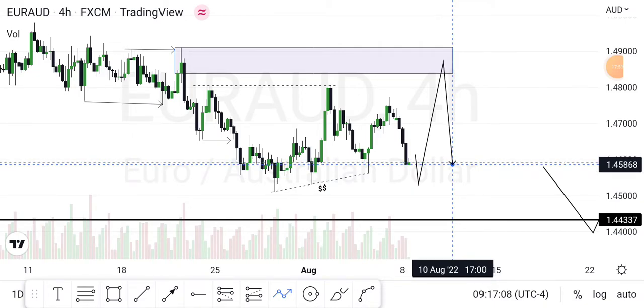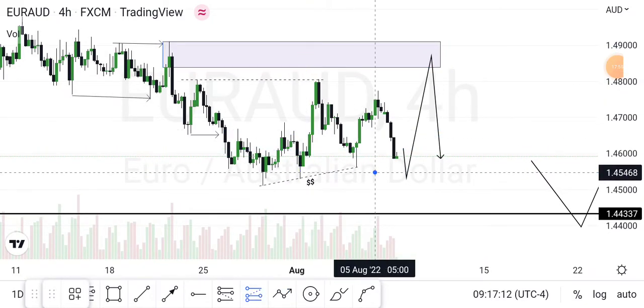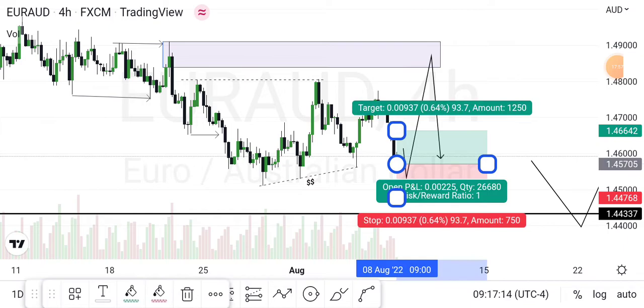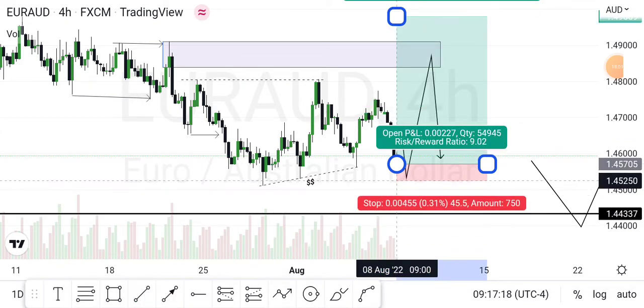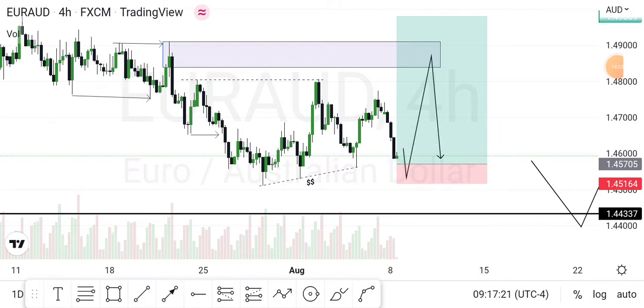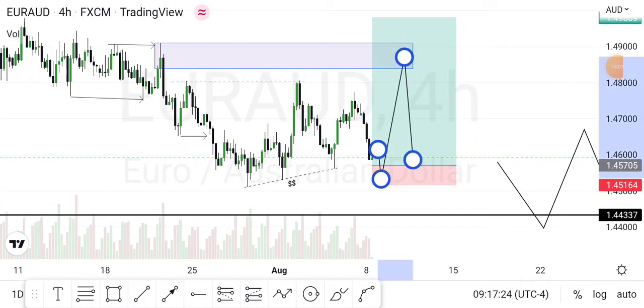So now other traders will be expecting price to move down, and they want to ride the buy from this particular point, with their stop losses just below their order block.